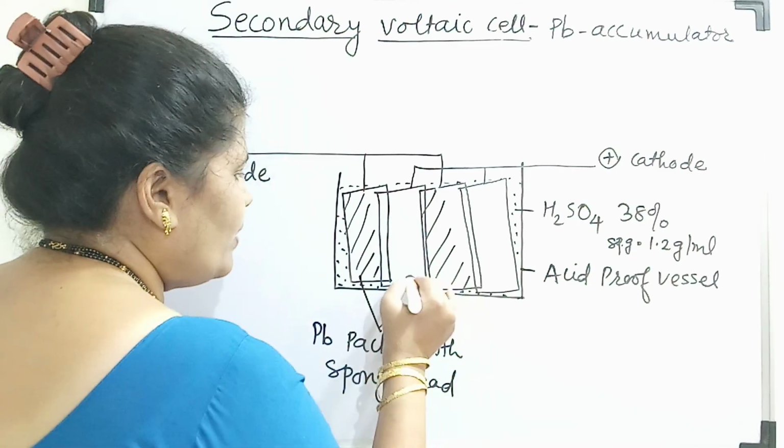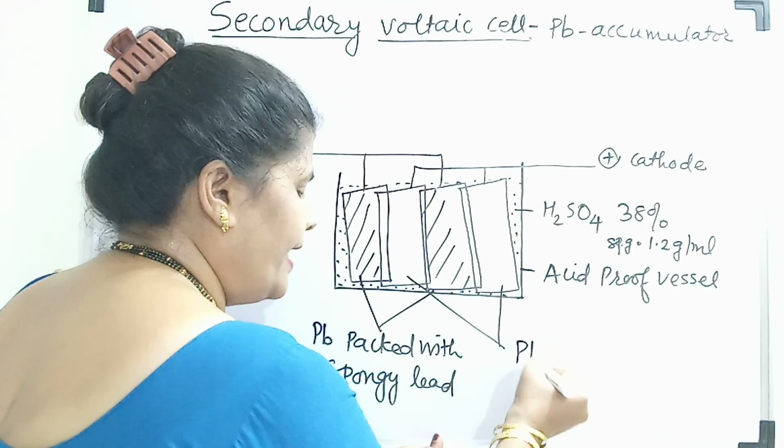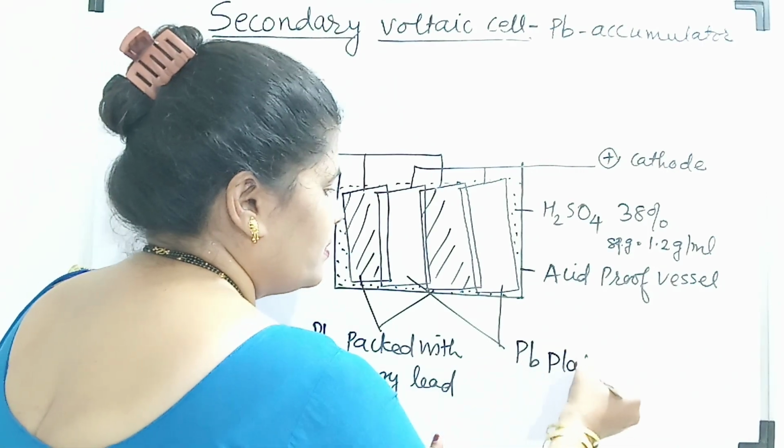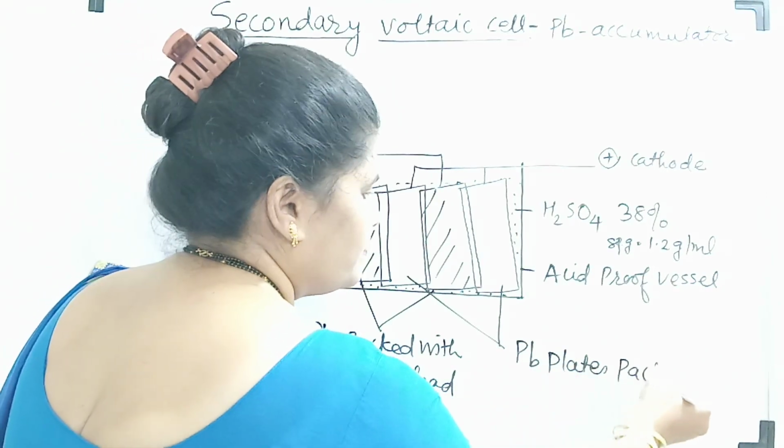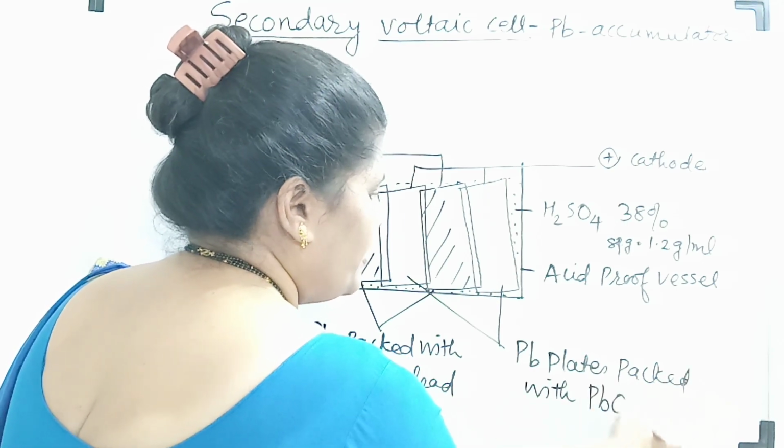The cathode, that is the second and fourth plates, are also made of lead, but lead plates packed with lead oxide, that is PbO2.